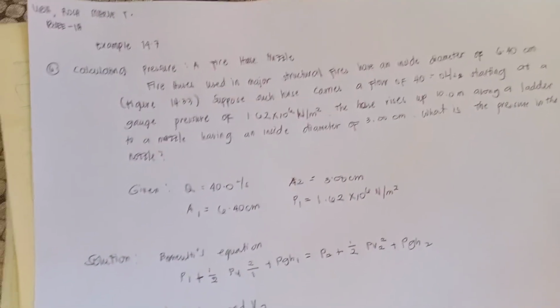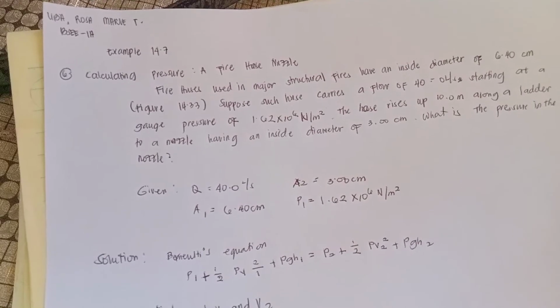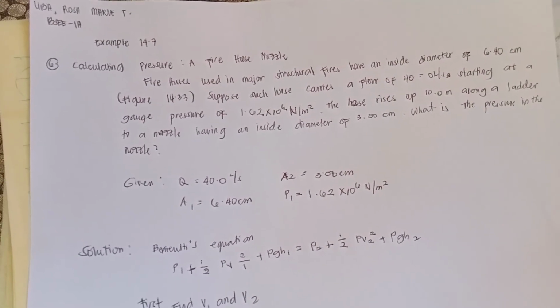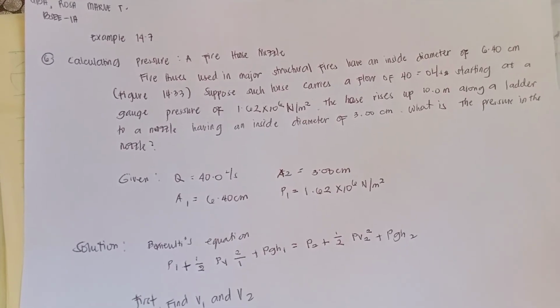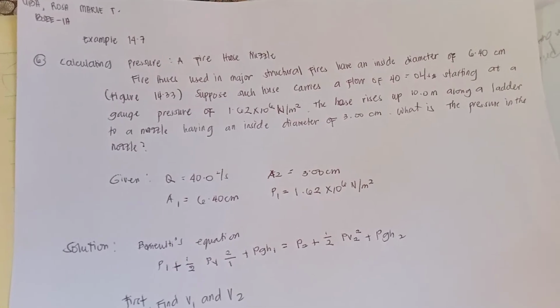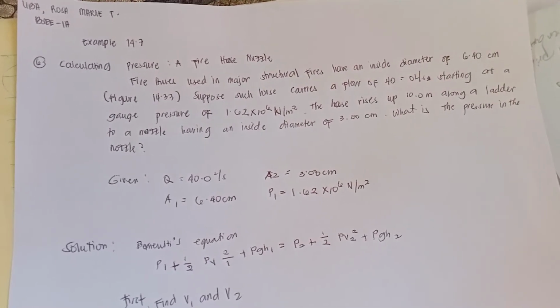So, let's proceed to problem set number 6, example 14.7, calculating the pressure of a fire hose nozzle. A fire hose used in major structural fires has an inside diameter of 6.40 cm, figure 14.33.